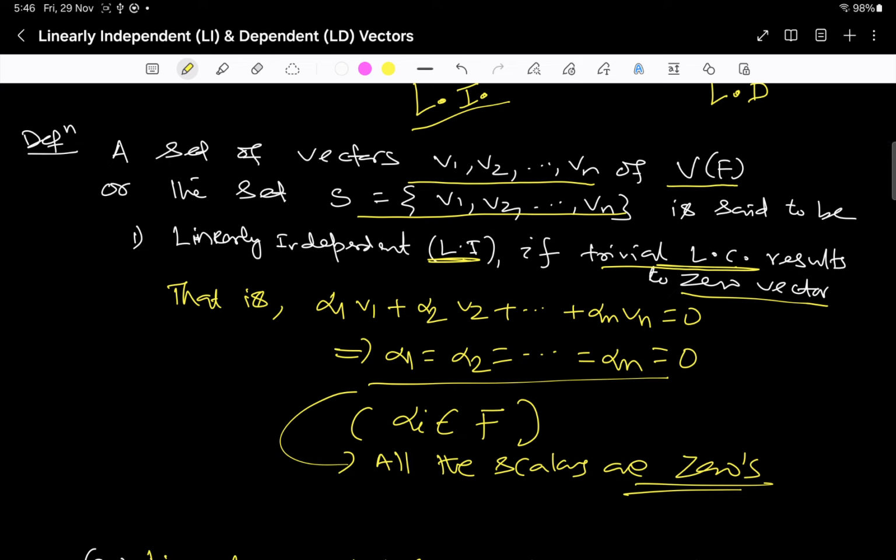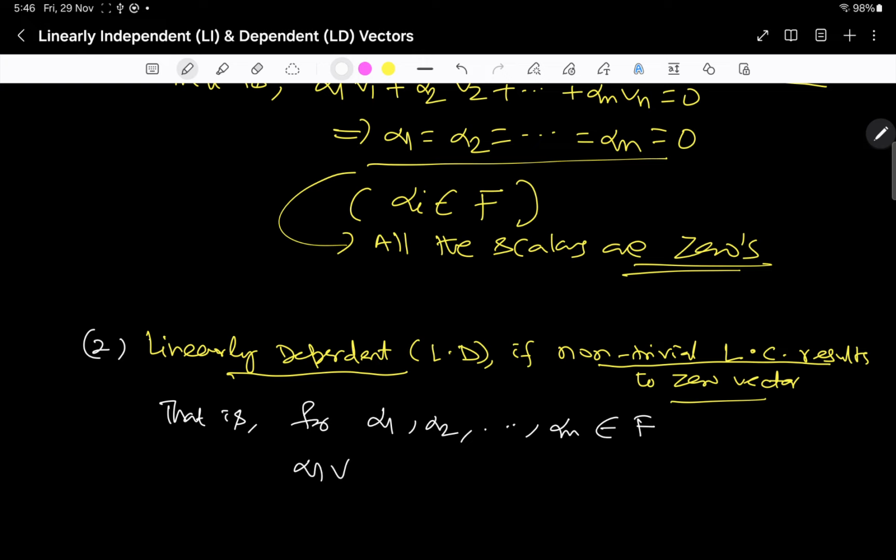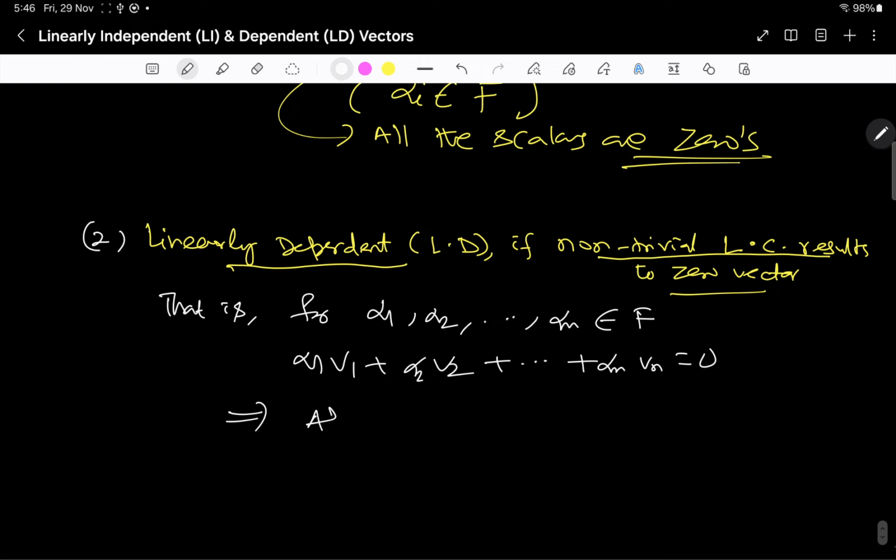Likewise, a set is said to be linearly dependent, or LD, if a non-trivial linear combination results in the 0 vector. That is, for alpha 1, alpha 2, ..., alpha n in F, alpha 1 v1 plus alpha 2 v2 plus dot alpha n vn equal to 0 implies at least one of the alpha i's is not equal to 0.